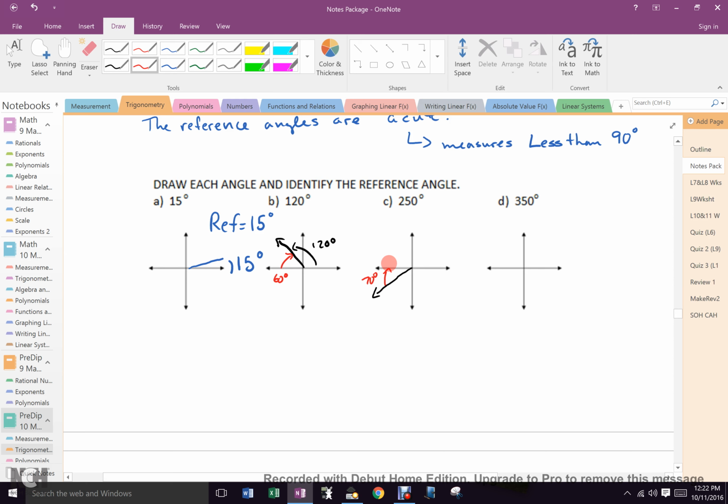So it's 250 minus 180, right? 350. All the way around to here. But then back to the nearest x-axis, 10. Is everybody good?